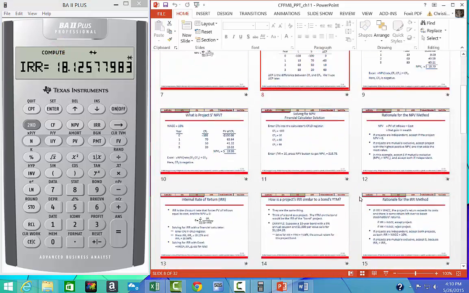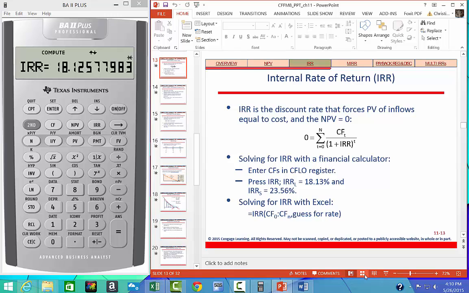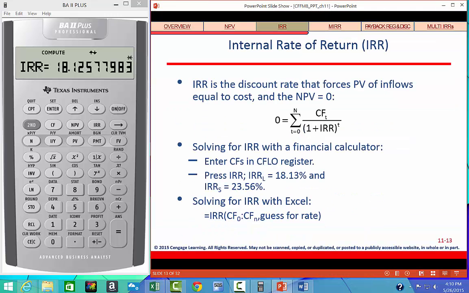So let me find where we were. Right here. So we found 18.13 for L and 23.56. And so we're basically using the weighted average cost of capital number of 10% just to compare to these two numbers, 18 and 23.